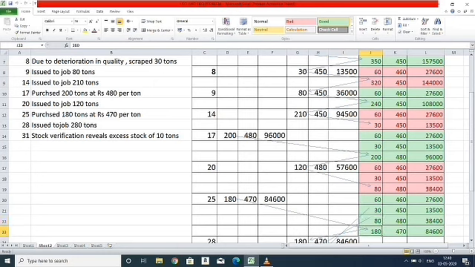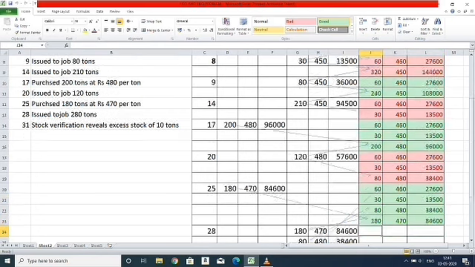So our closing stock comprises 60 into 460, 27,600, then 30 into 450, 13,500, 80 into 480, 38,400, and then 180 into 470, 84,600. This is our closing stock position on January 25th.